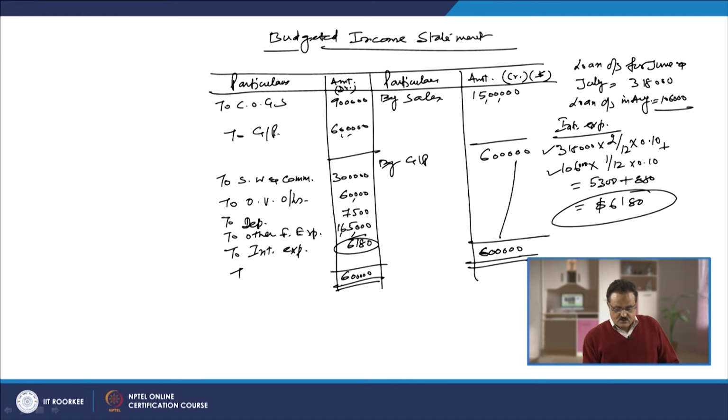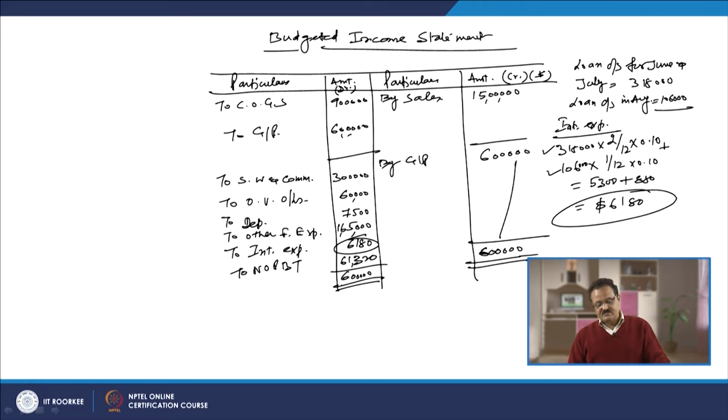So, the difference is the net operating profit before tax. If you calculate this balance, it means 3,60,000, 3,67,500, plus 1,65,000 and 6,180. If you sum these up and subtract the total from the 6 lakhs, how much are you left with? The net operating profit before tax is 61,320.